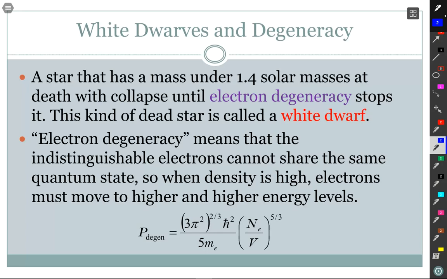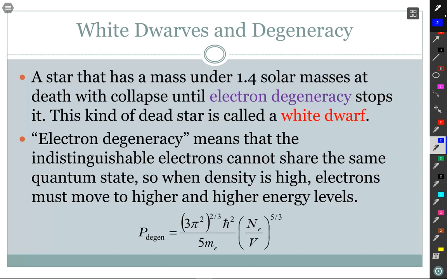So you have a bunch of electrons that are just not bound to any nucleus, hanging out together with the nuclei. And the nuclei would collapse more, but the electrons won't let them, because the electrons can't share the same space if they have the same wave function.